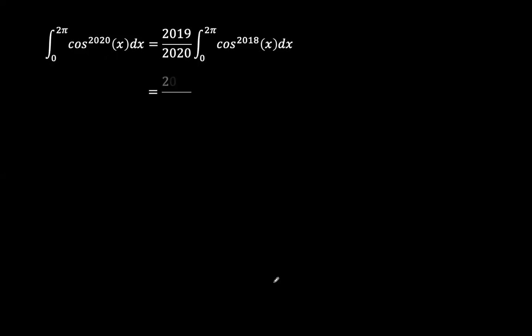Now you can repeat this process once more, and so you just have a repetition of 2019 over 2020 times 2017 over 2018 times the integral of cosine to the power 2016 of x from x equals 0 to 2 pi.